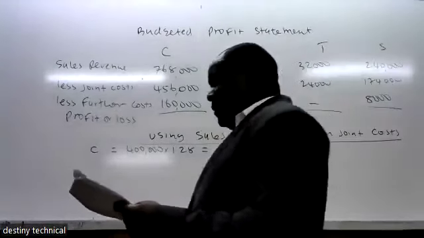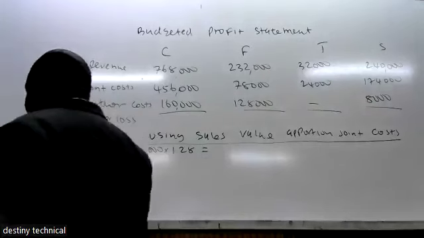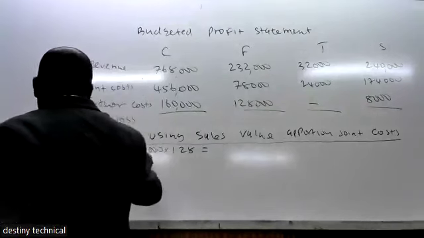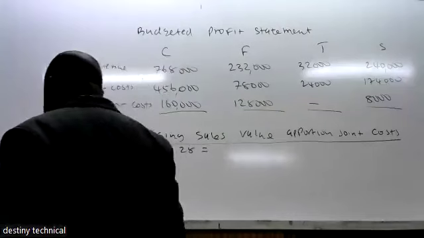Then you do the same for F. So F, it will be 90,000. This one will multiply by 1.60.